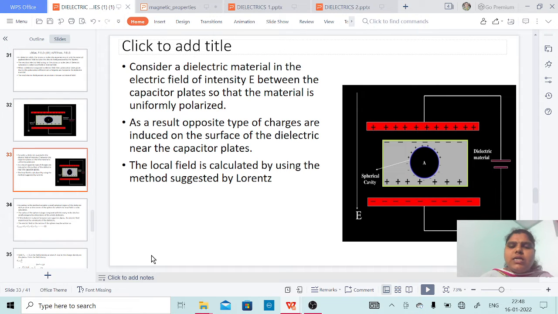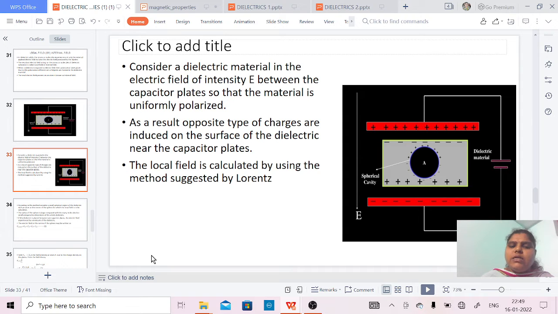So consider a dielectric material in the electric field. We are applying the field in a direction of intensity E between the capacitor plates so that the material is uniformly polarized. To apply the uniform polarization, we place the material between two capacitor plates, to maintain the polarization equally throughout the material.